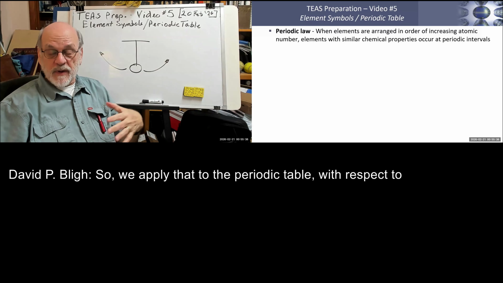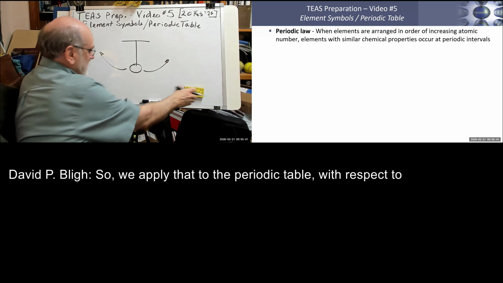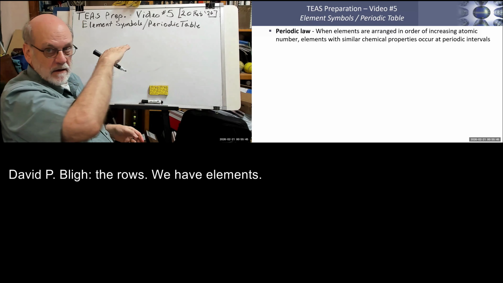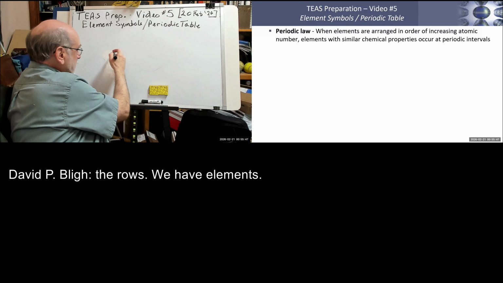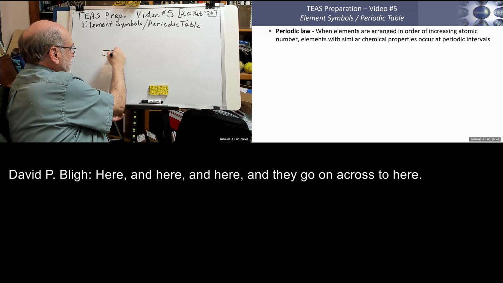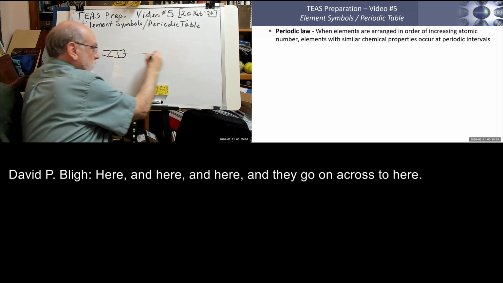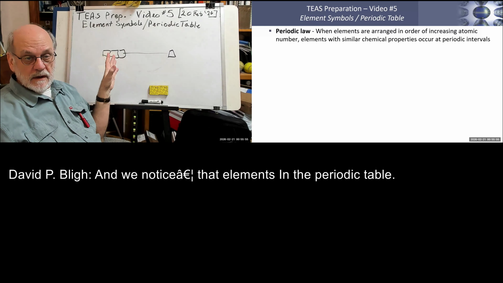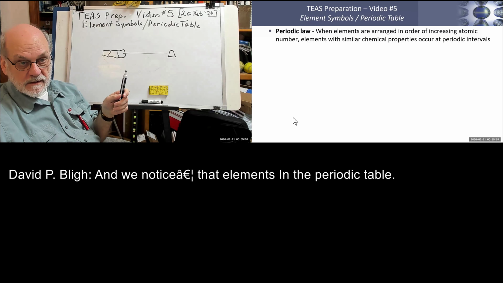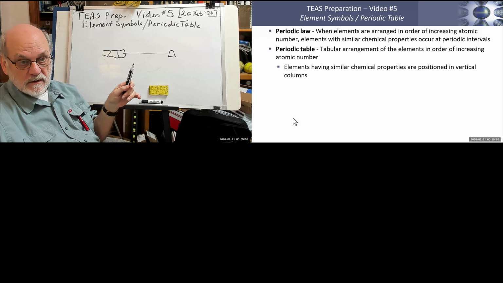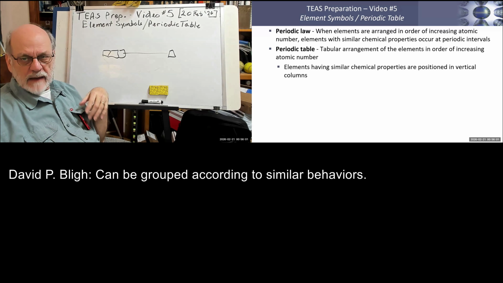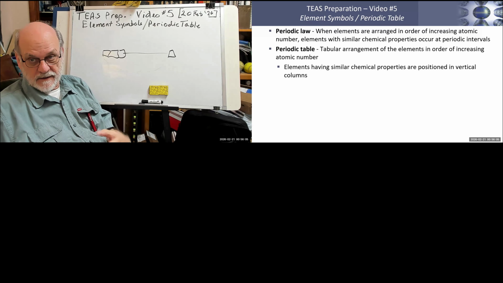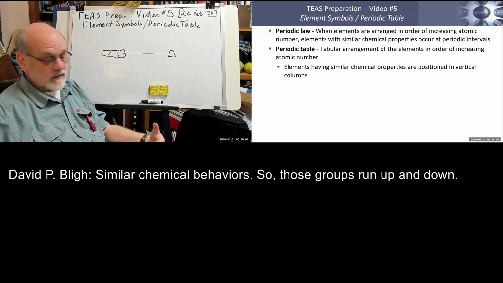So we apply that to the periodic table with respect to the rows. We have elements here and here and here, and they go on across to here. And we notice that elements in the periodic table can be grouped according to similar chemical behaviors.